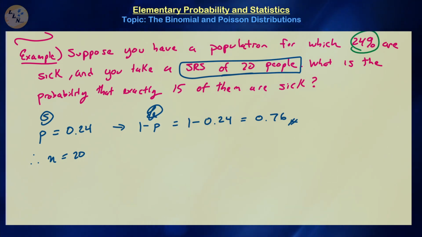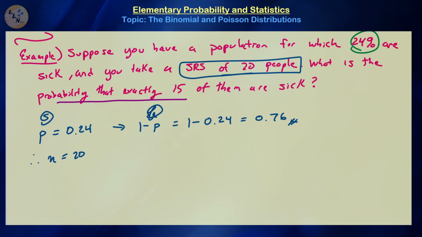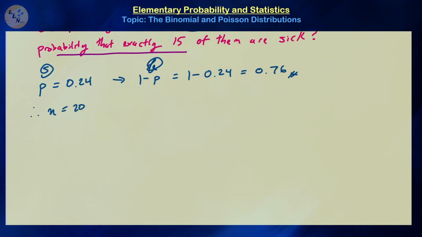And then we're interested in the probability that we get exactly 15 of them. It doesn't mandate a particular order, for example, the first 15, the last 15, or some rearrangement that we're interested in. We just care that exactly 15 of them are sick, right? So that would be a combination. Since all of them are independent, let's say, in terms of their sickness, let's assume, therefore we can use the probability mass function associated to a binomial random variable.